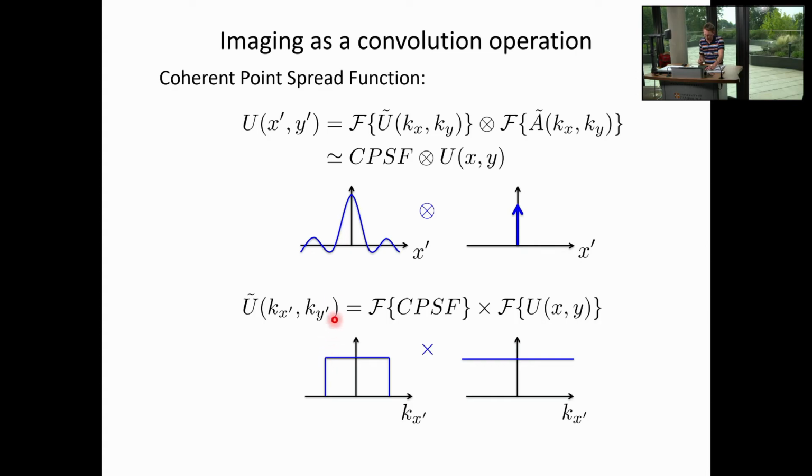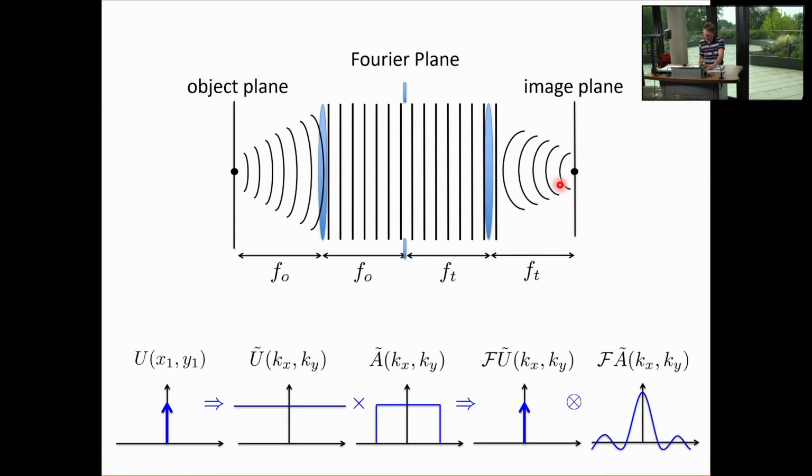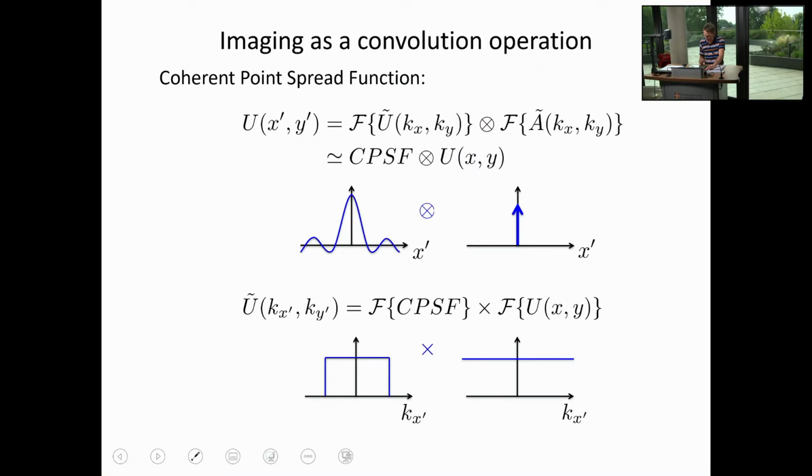But here we're dealing with frequency space, so these here are frequencies. And here we're dealing with real space. So in these conjugate planes, object and image planes are in real space. So this is in real space, and this is in frequency space.